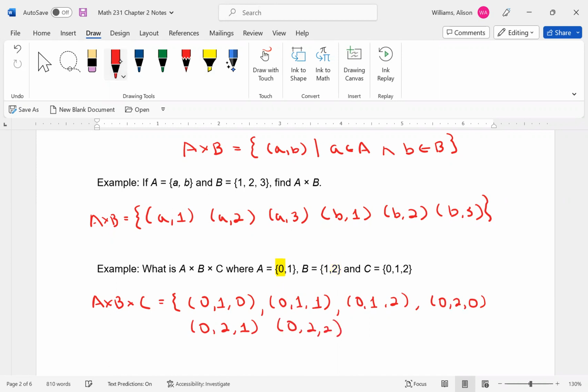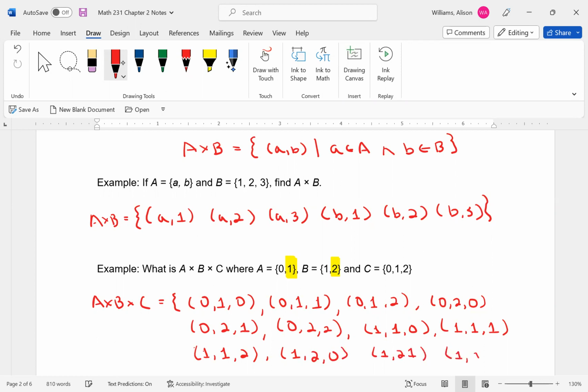Okay, cool. Now I'm ready to switch to the other element of A. I'm going to look at 1, and first pair it with the first element of B. So it's going to be 1, 1, 0 from C, 1, 1, 1 from C, and 1, 1, 2 from C. All right, now I'm going to pair the 1 with the 2 from B and go through all of C: 1, 2, 0, 1, 2, 1, and 1, 2, 2.